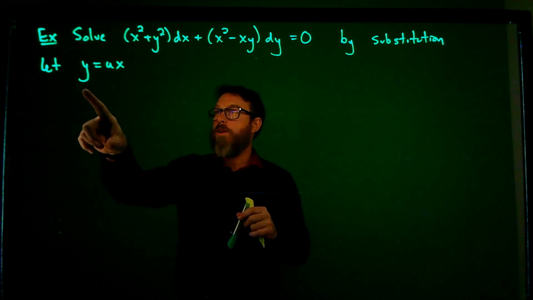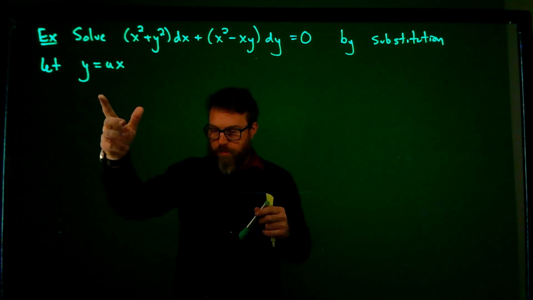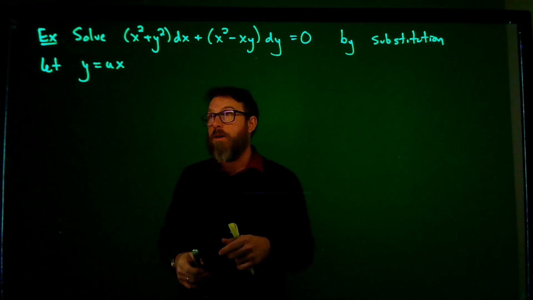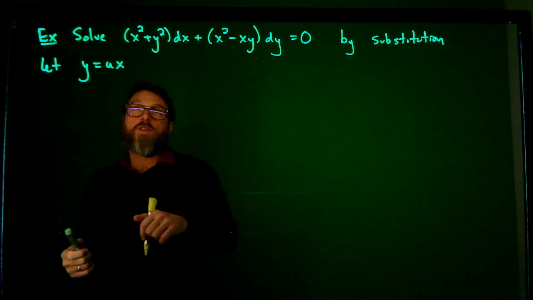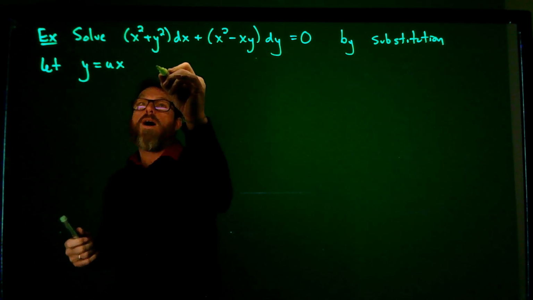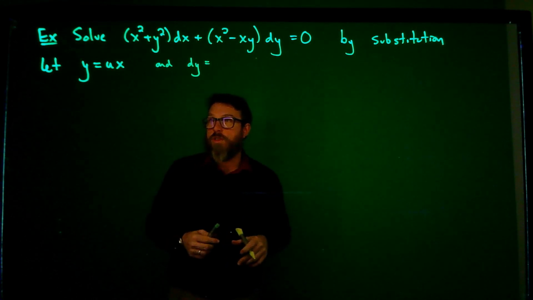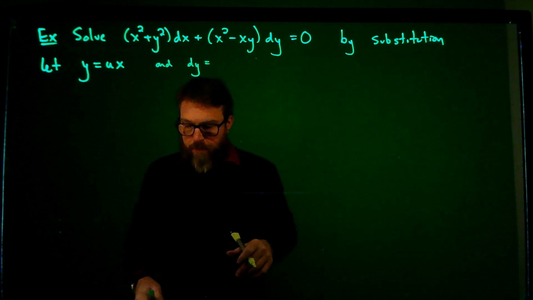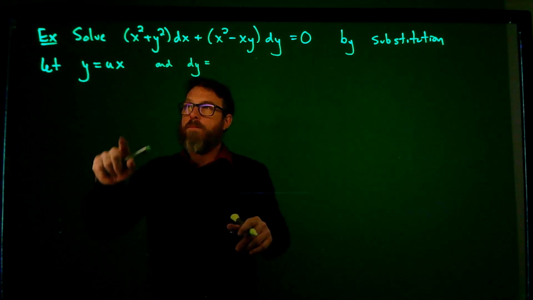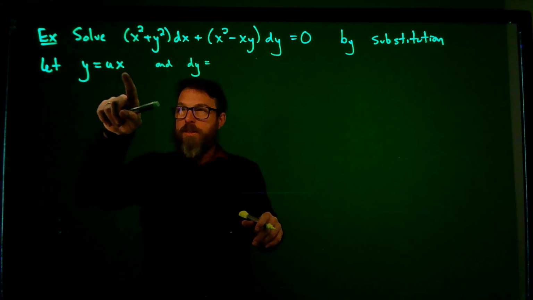Remember that, just like in calculus, you can't just substitute for the variable y. You're also going to have to substitute for dy as well. So I'm letting y be equal to ux, which means our dy is really just a product rule. The books usually write the first times the derivative of the second plus the second times the derivative of the first.